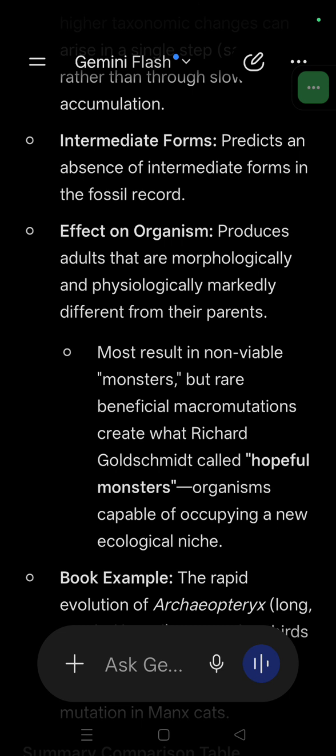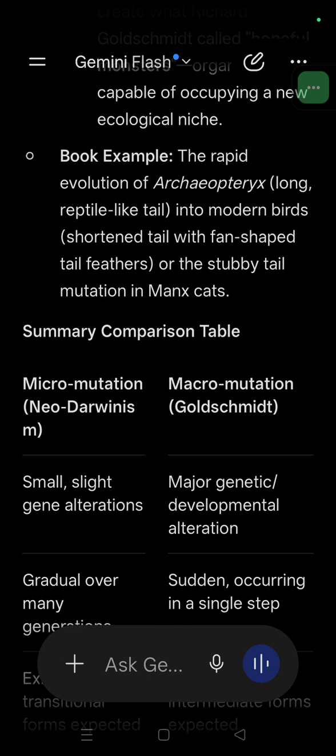Most result in non-viable monsters, but rare beneficial macromutations create what Richard Goldschmidt called hopeful monsters, organisms capable of occupying a new ecological niche. Examples include the rapid evolution of Archaeopteryx into modern birds or the stubby tail mutation among cats.